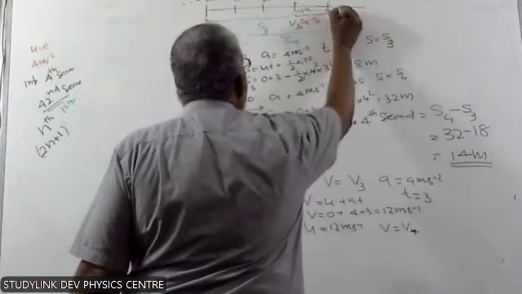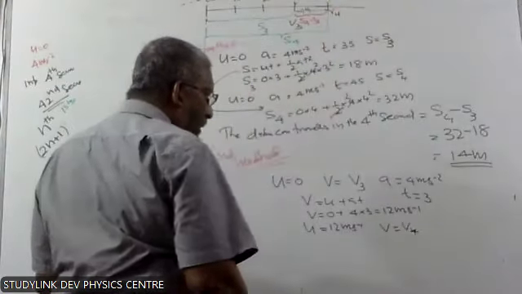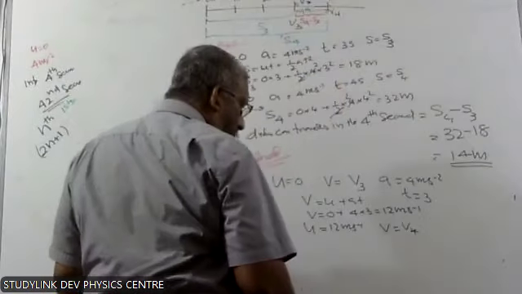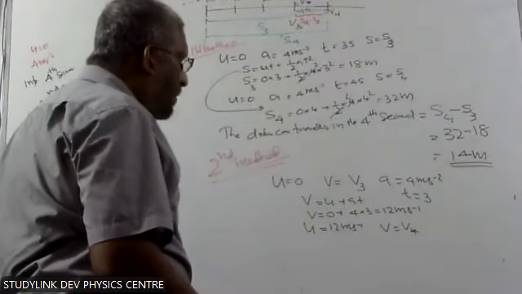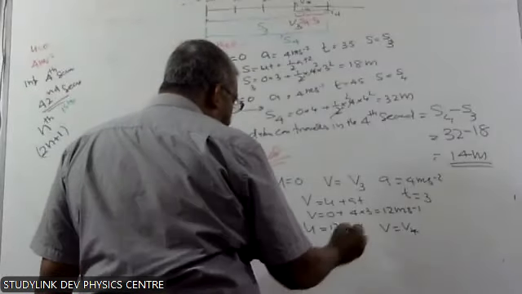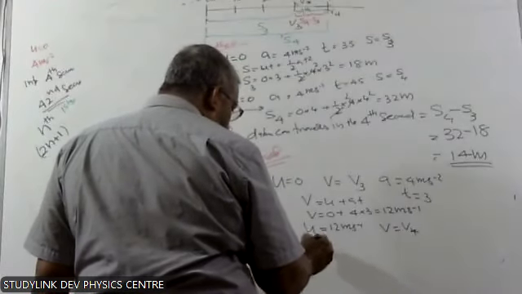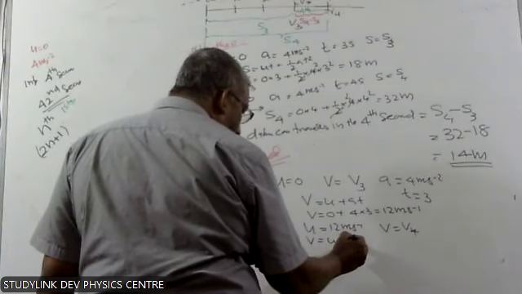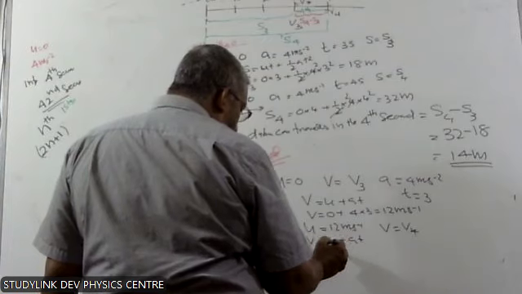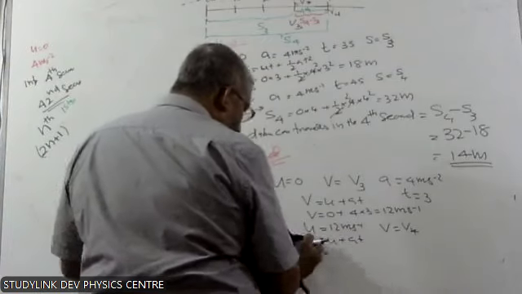This is v4, and here it is v3. Then what happens? We can apply v equals u plus at, where v equals v4. Then we have to find s directly.